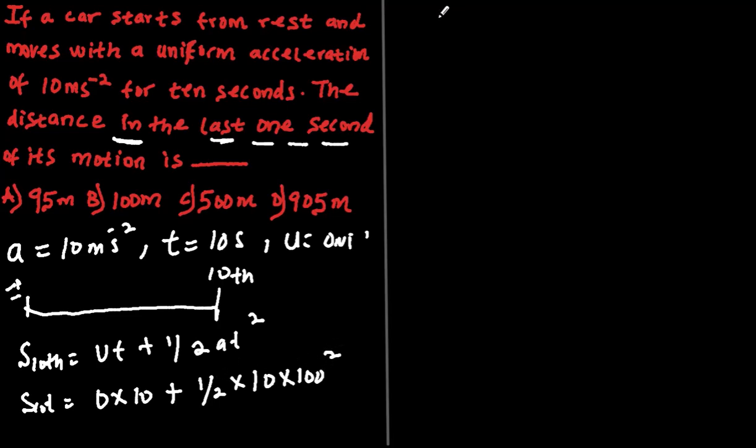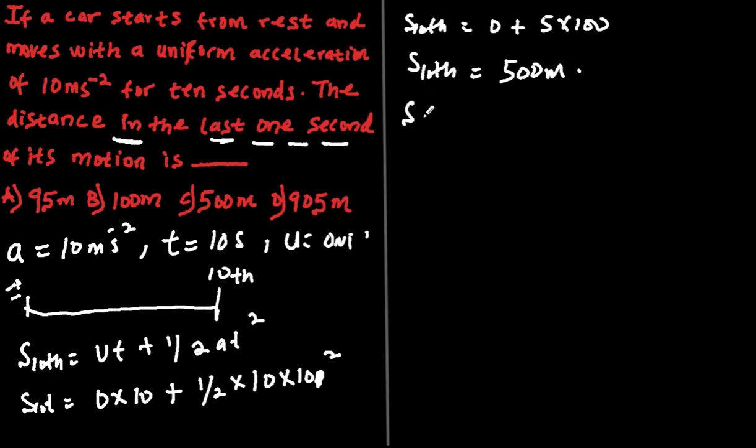So in the 10 seconds, 0 times 10 is 0, plus half of 10 is 5, then 100 squared is, sorry, 10 squared. I was looking for that because it looked as if it's too large. 10 squared is 100. So distance in the 10 seconds is going to equal 500 meters.